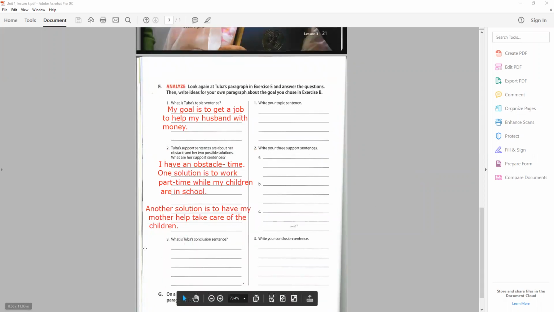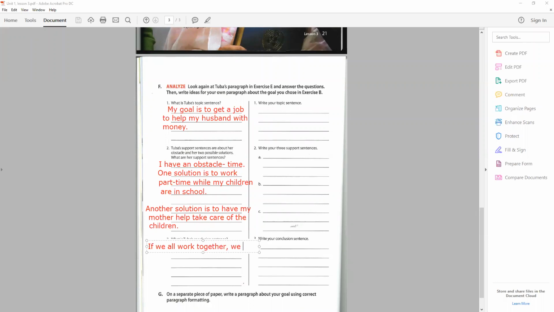So number 3: if we all work together, we will achieve our goal. That is her concluding sentence.